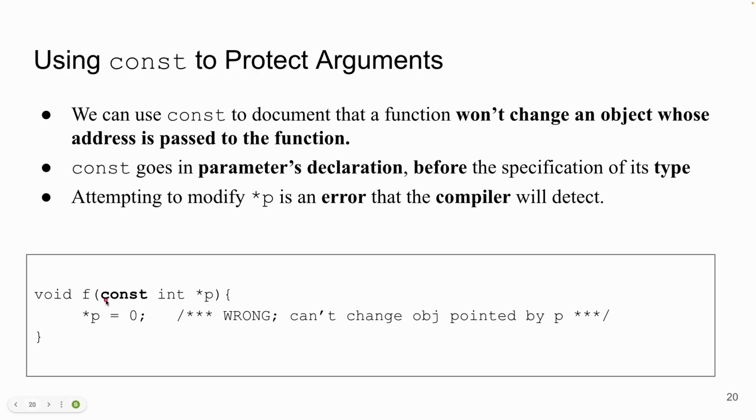So if you write down the parameter like this, and then when you write the function, maybe your collaborator accidentally writes a line like this, trying to assign a new value to the object that P points to, then if that happens, don't worry, because you put a const here, so the compiler will know that you're trying to change a constant variable, and you will get an error message.